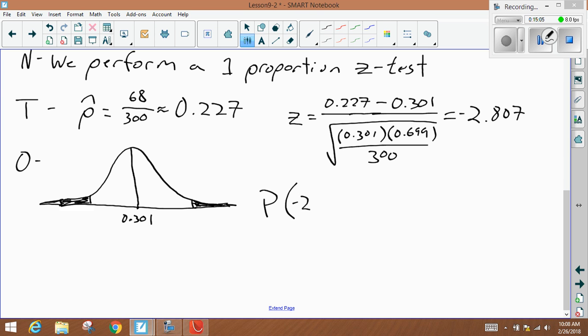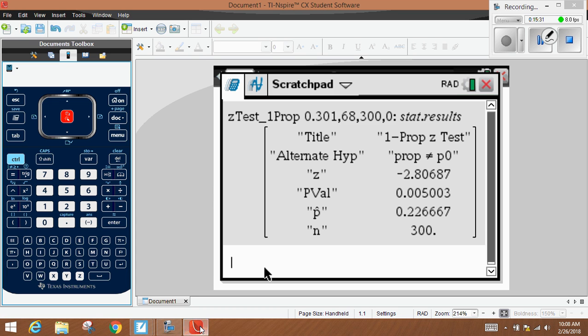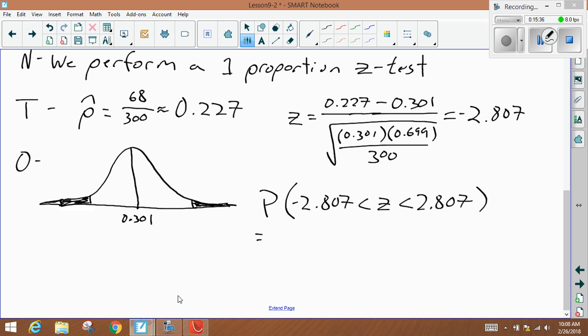So negative 2.807, and we're going to use Z instead. And then we're allowed to just input our p-value, which is approximately 0.005.